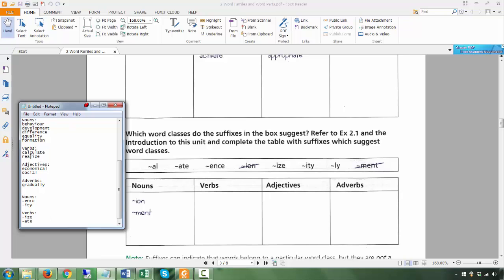Okay, and of course for adjectives you also have ate and al. Okay, al, economical, social, right? And adverbs normally it's just ly, right? So true. And of course, ate could be both a verb and an adjective, but for others like ence, ity is normally a noun, okay, and ly is normally an adverb.